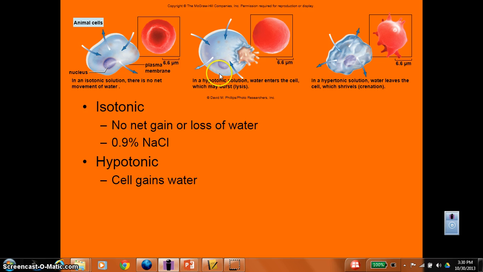Remember that water is going to go from an area of greater concentration to lesser concentration until equilibrium is reached. So the water is going to go from the outside, which is at 95% in this case, to inside, which is 90%, and it's going to cause so much pressure inside the cell it could cause it to burst. The process is called lysis.